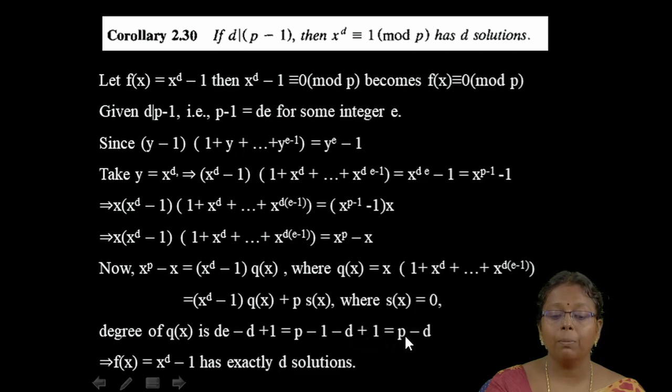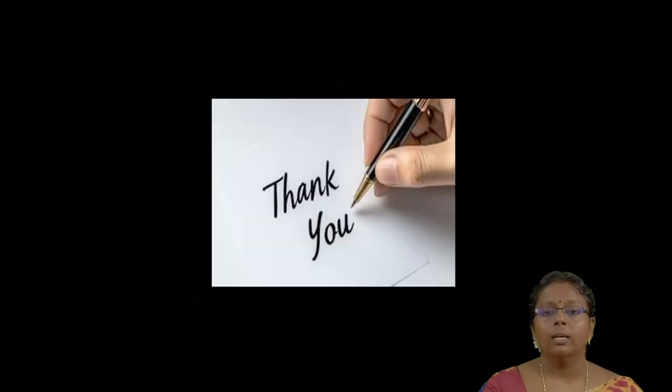So we are getting p − d. So hence by the previous theorem, we are getting f(x) = x^d − 1 has exactly d solutions. So hence from the corollary, we conclude that if d divides p − 1, then x^d ≡ 1 mod p has d solutions. Thank you.